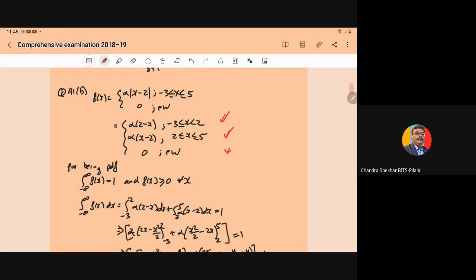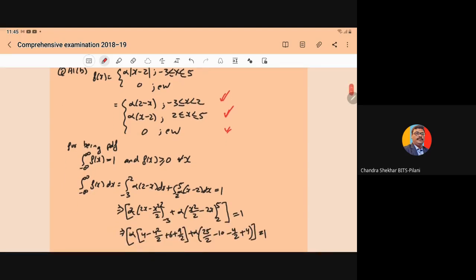For this to be a PDF, we know it must satisfy the two necessary and sufficient conditions.